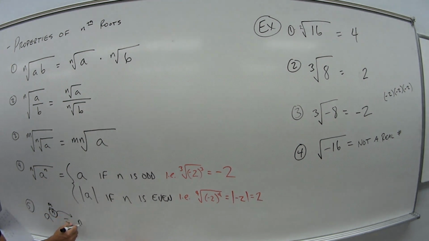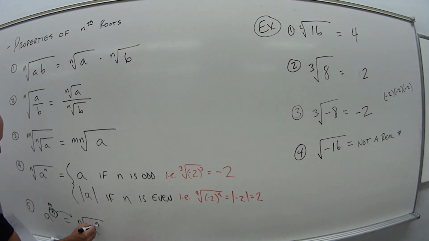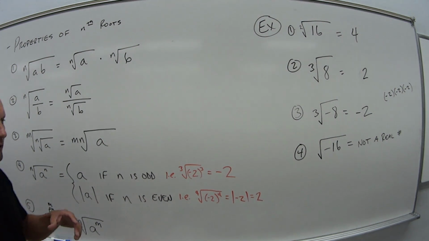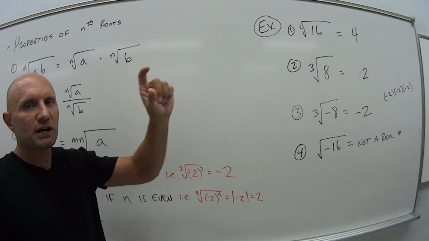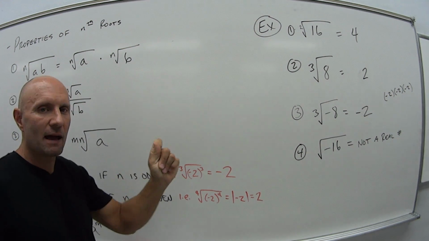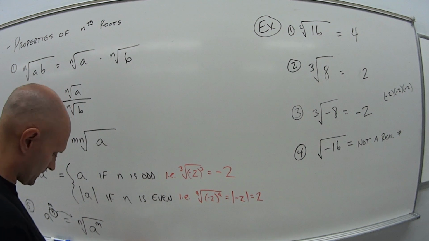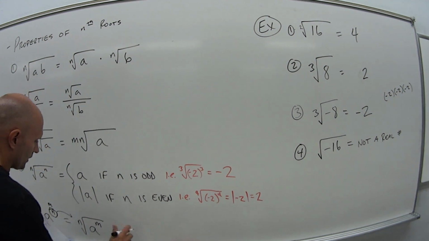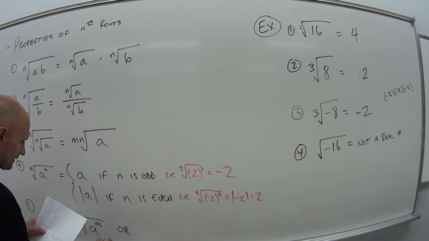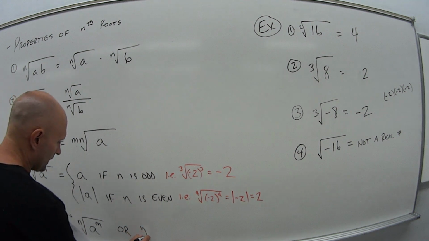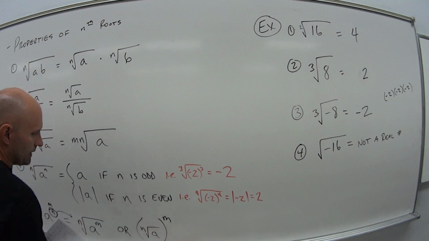So that's going to go in front of the root radical sign. And then a with the exponent of whatever the numerator was. So the key is, if you have some number with a fractional exponent, the denominator of that fraction would be the root. Or another way we could write it, if it makes it easier on our math, would be the nth root of a, all of this to the m power.